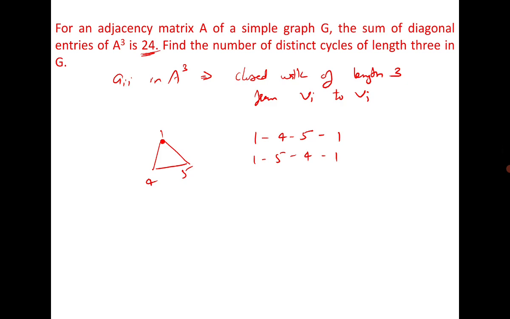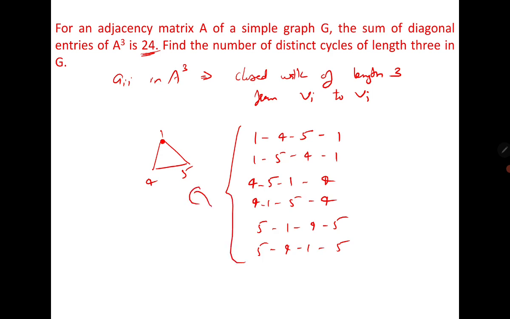As closed walks, they are different, but as a cycle, as a triangle, they both represent the same triangle. Similarly, 4 5 1 4 or 4 1 5 4, 5 1 4 5 or 5 4 1 5, all these 6 represent the same triangle, but as closed walks they are all different.